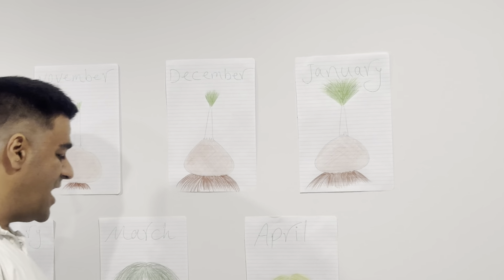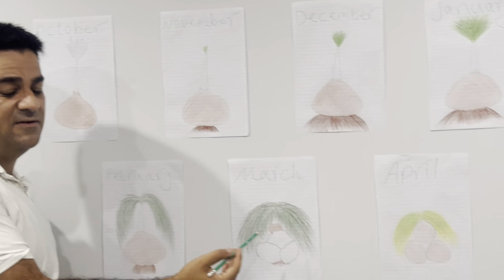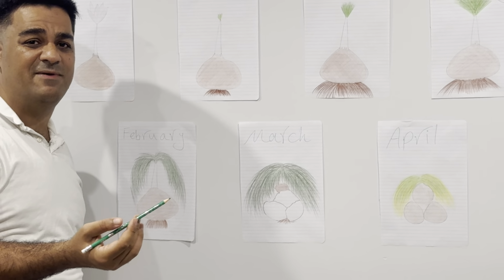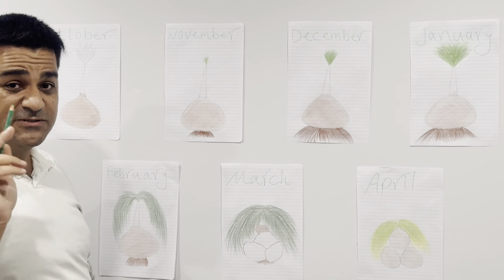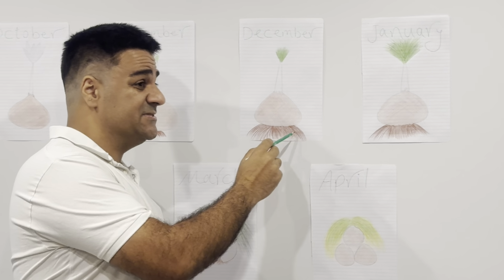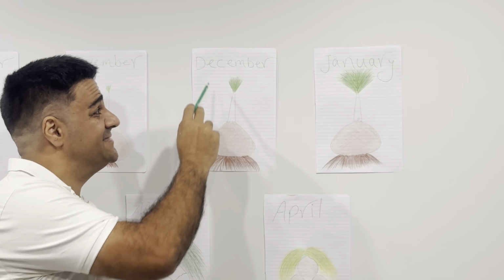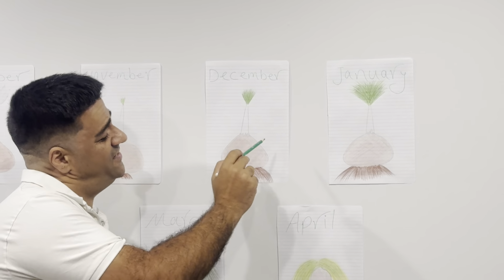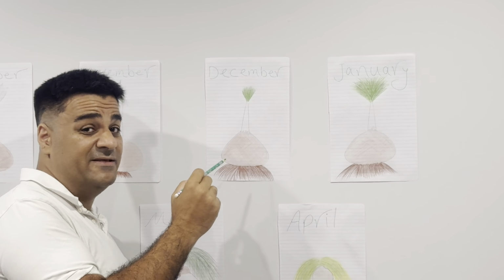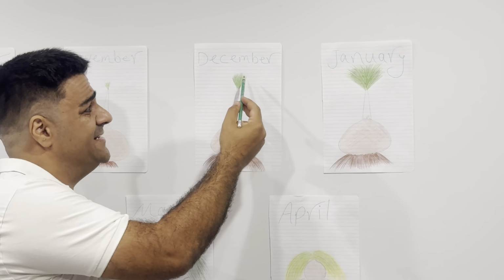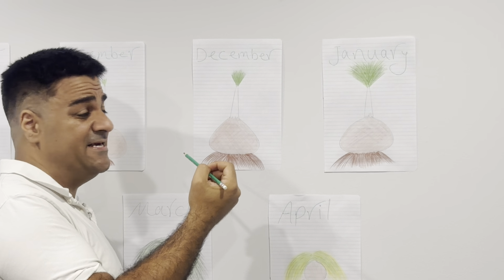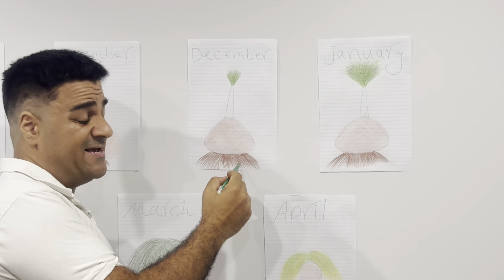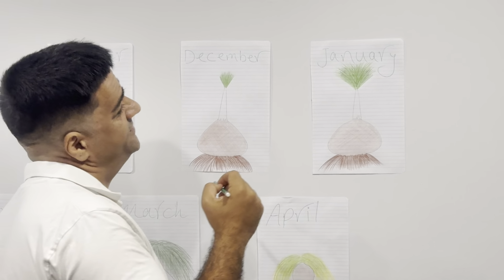Because you have the maximum roots, we should give elements like phosphorus. Therefore, in this month, December, in the northern hemisphere, we should give elements like phosphorus. In December, we also have 4 centimeter leaves. Also, we should give the maximum water and elements like phosphorus.